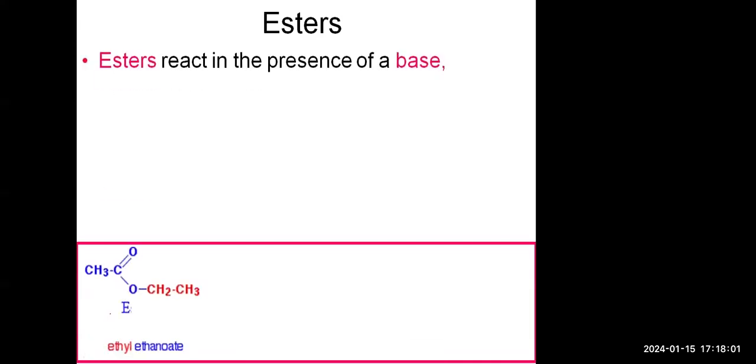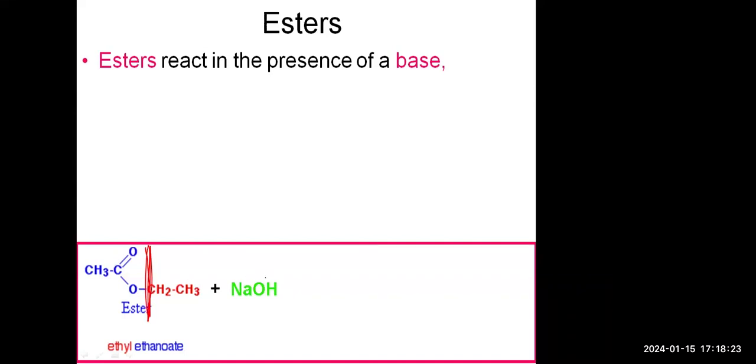Now esters react with the base. This is the ester which we discussed in the previous slide. Ethyl ethanoate is reacting with base. So what happens is the ester breaks, the blue part and the red part, they break.